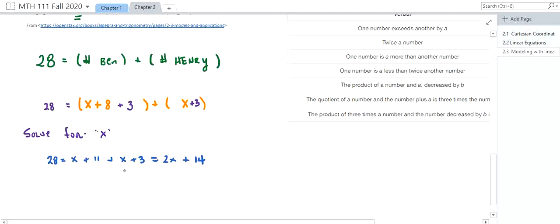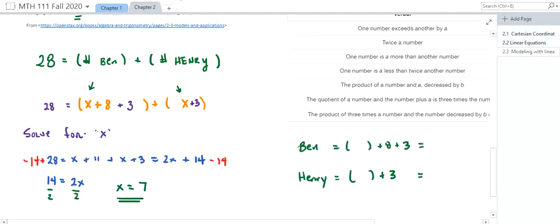Alright, now I want to get x on one side by itself, so let's subtract off 14. That'll give us 14 equals 2x. Let's then divide both sides by 2, and we get x equals 7 as our answer. So that's what x should be. That's x here, and it's also the same x here.